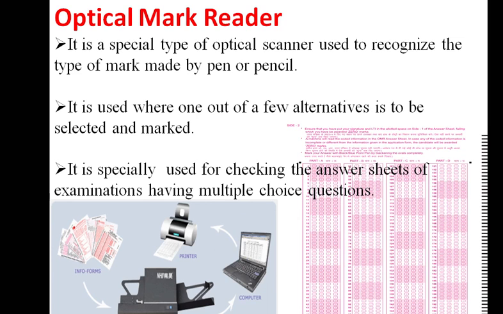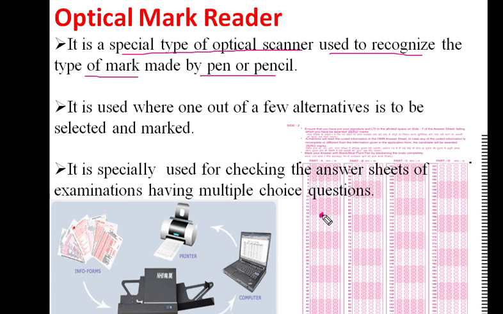Now the optical mark reader, another device, OMR. It is a special type of optical scanner used to recognize the marks made by pen or pencil. You might be aware of this kind of answer sheet. Here you just mark with the help of a pen or pencil.